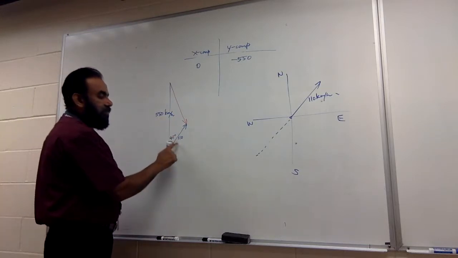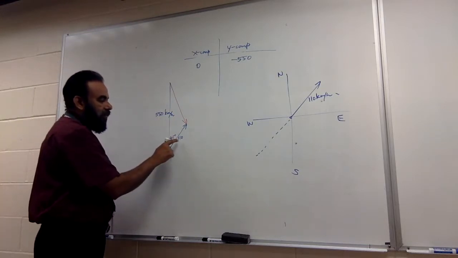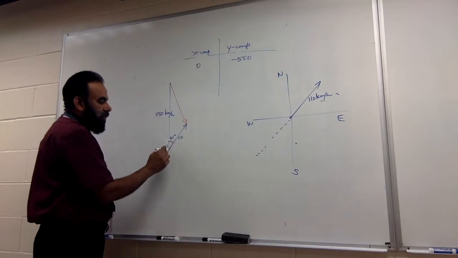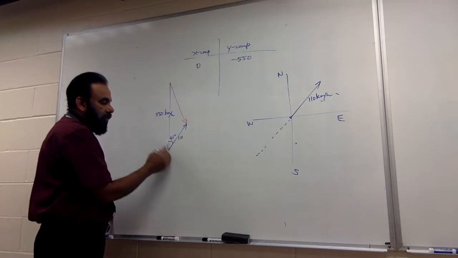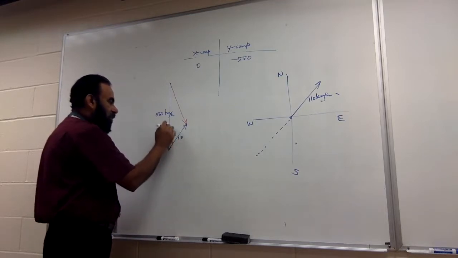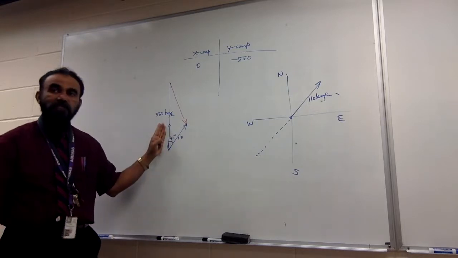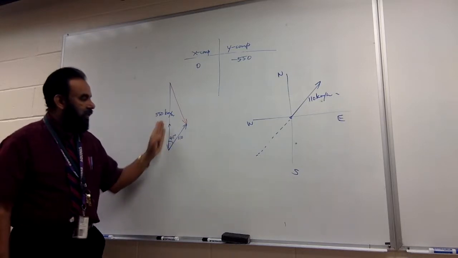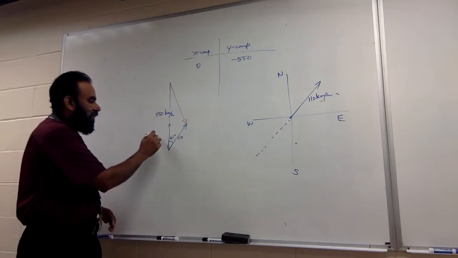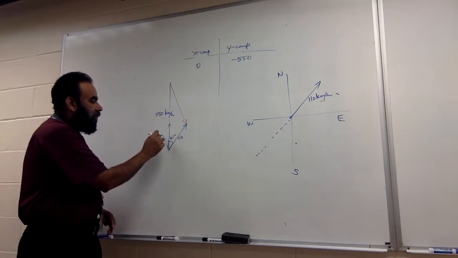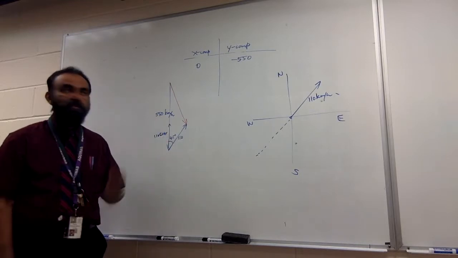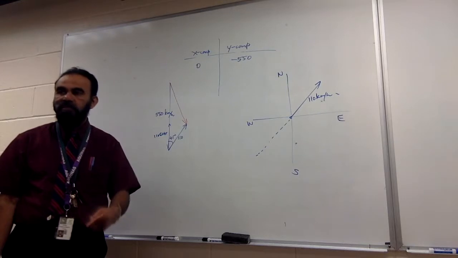Now what is the component of this one? It is the adjacent component, right? Yeah, that is the y component. The adjacent component is the y component, so this is going to be 110 cosine 45. It doesn't make a difference if you make a mistake there, because cosine 45 and sine 45 are basically the same.